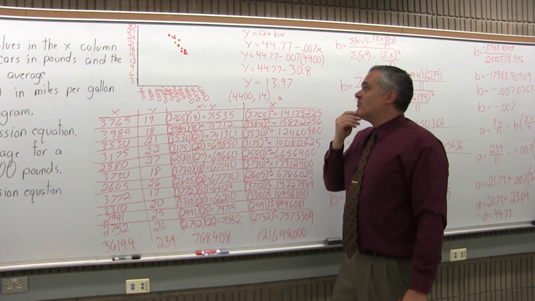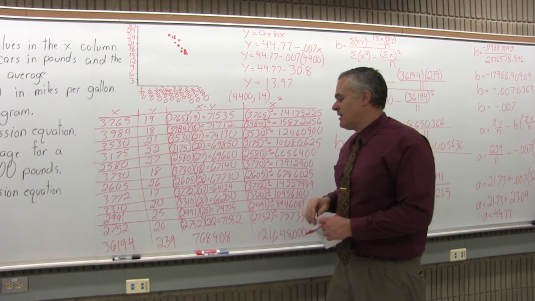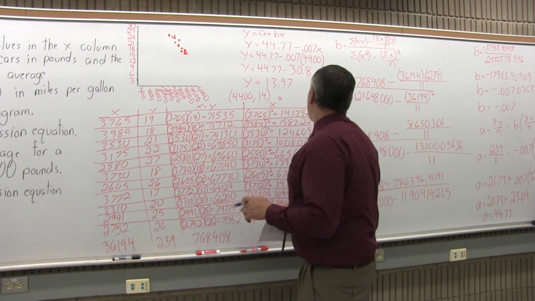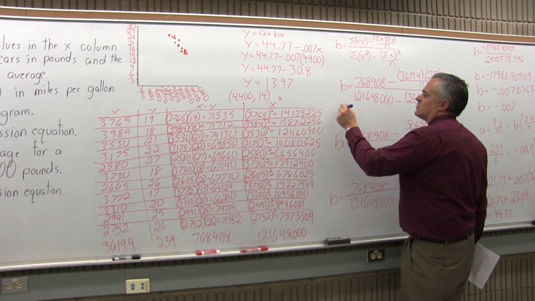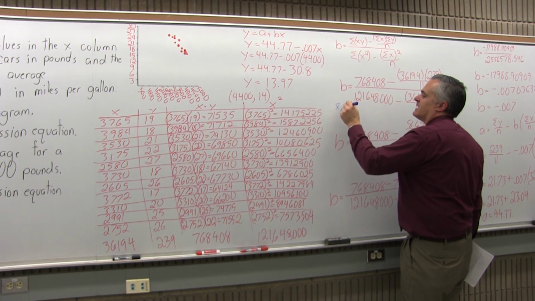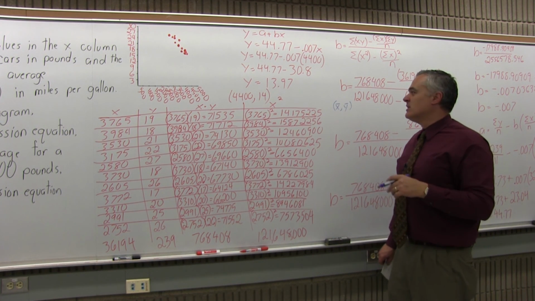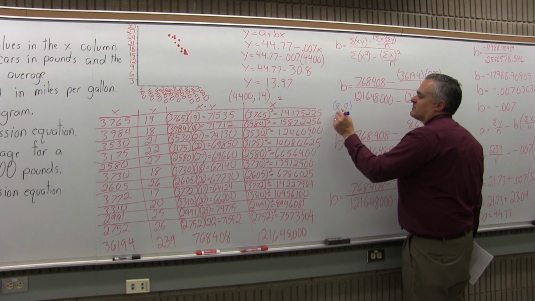But from the explanation in the notes, it mentions that x bar, y bar is always, always, always a point on the graph of the linear regression line. So that x bar is a total of the x values over n.